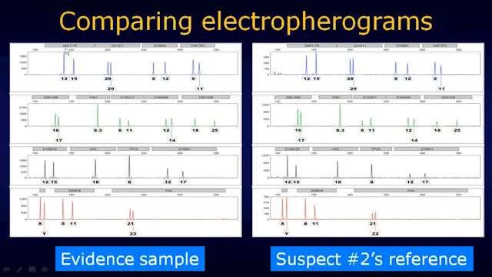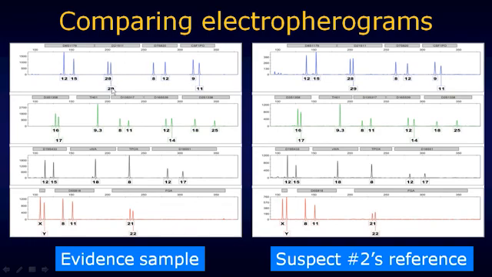Well, remember at D8, the evidence sample had a 12 and a 15 as part of the DNA profile. And oh, sure enough, at the D8 locus, we see that 12 and 15 showing up in the reference sample from this particular suspect. And at locus after locus that we look at, we're going to see again and again that suspect 2 could well be the source of that DNA.